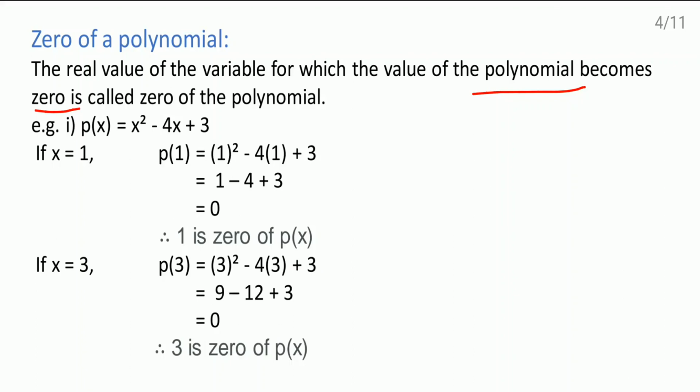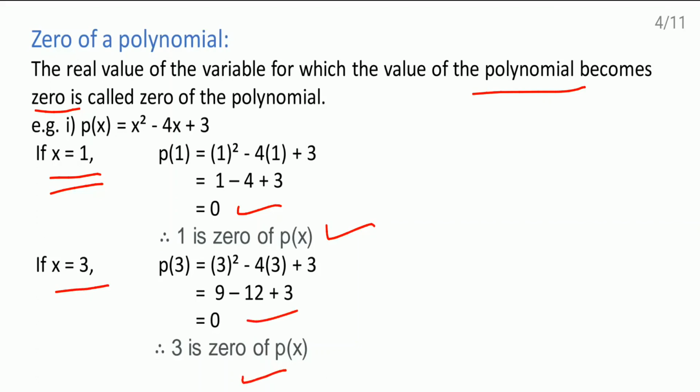For example, p of x is a polynomial, we are just giving it a name, equal to x square minus 4x plus 3. Now if I substitute x equal to 1 into this polynomial, I get the answer 0. Therefore, 1 is a zero of p of x. Now take another one, x equal to 3. If I substitute x equal to 3, I still get the answer 0.